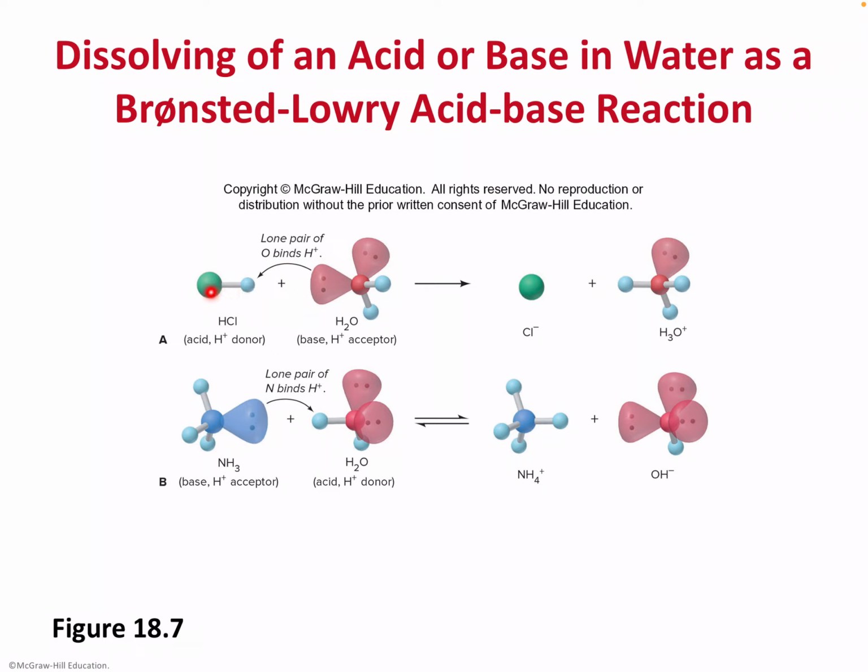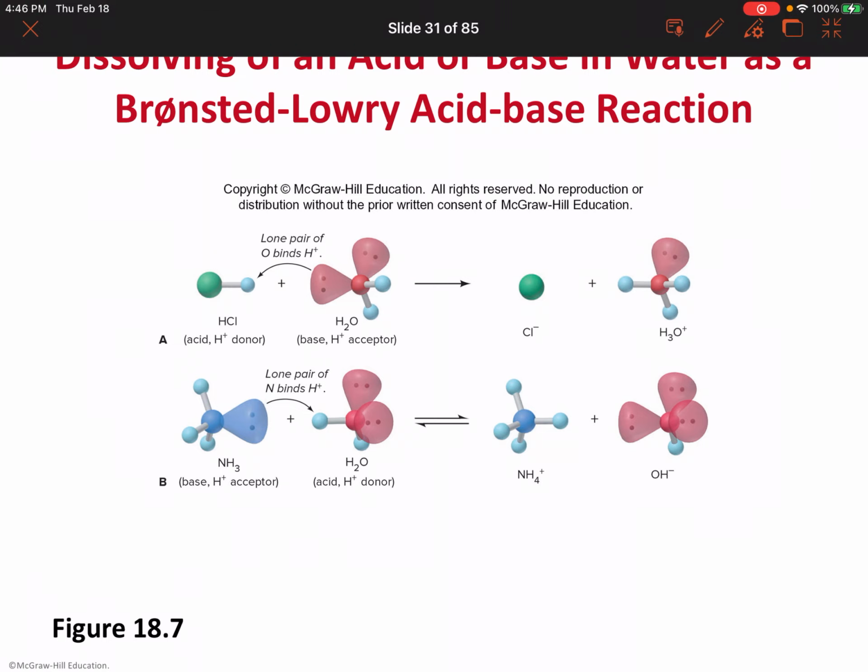And then the bond between chlorine and hydrogen breaks, and the 2 electrons in this bond transfer to the chlorine. Since there are 2 electrons, they go to the chloride. Chlorine will become Cl minus, formal charge.